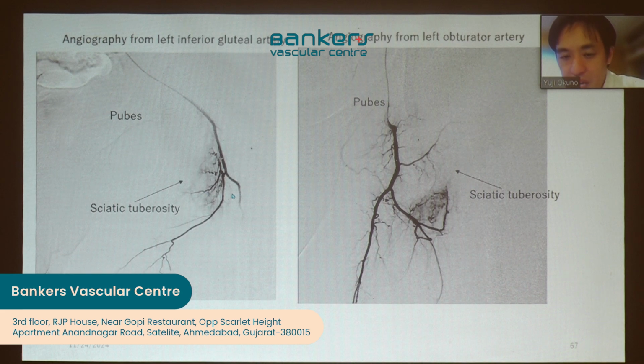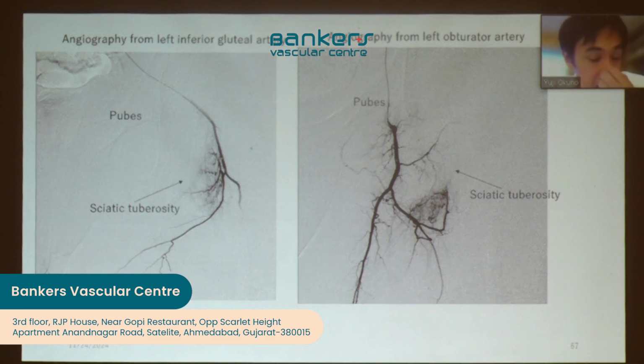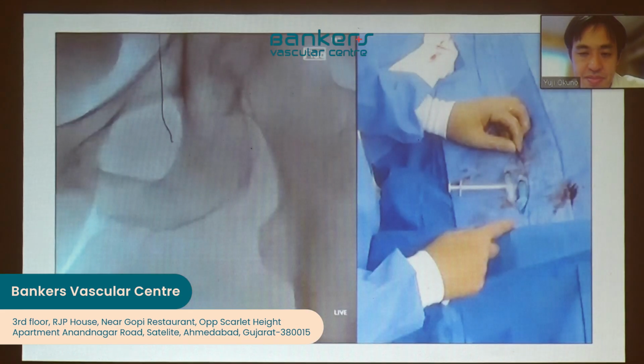We can see the brush from the inferior gluteal artery or obturator artery. So we performed embolization from here, and she returned to sports activity 3 months later, and now maintains a good condition.